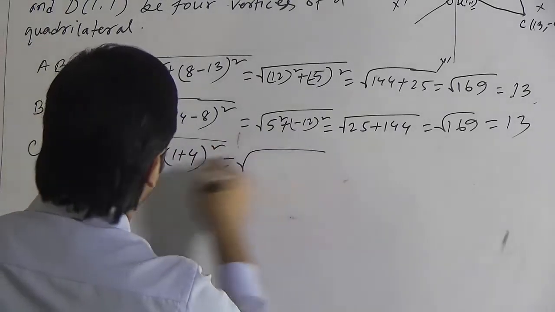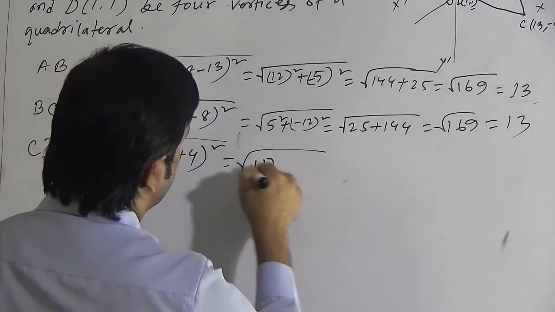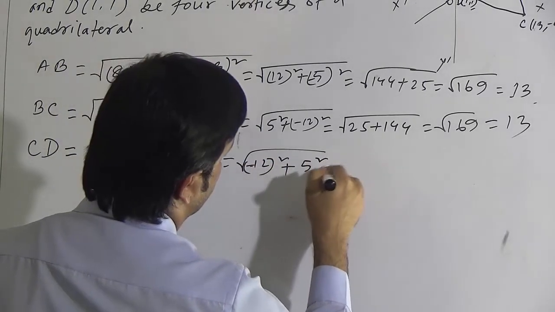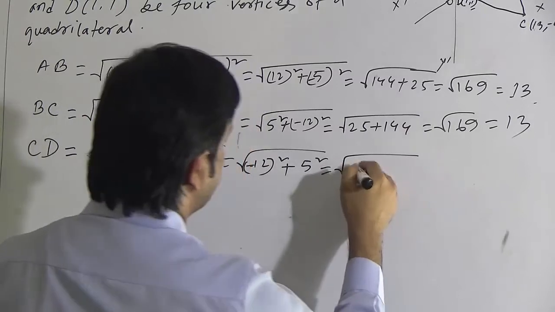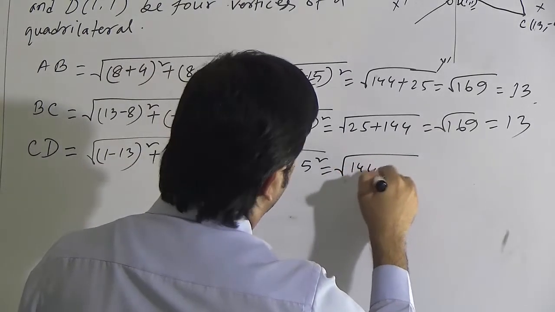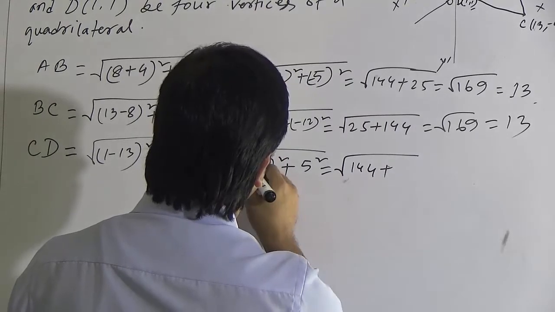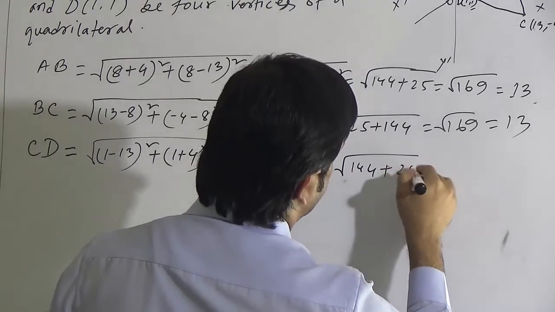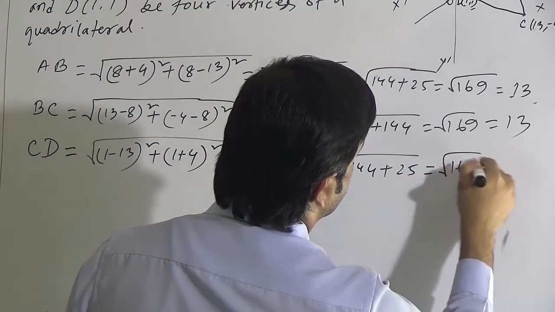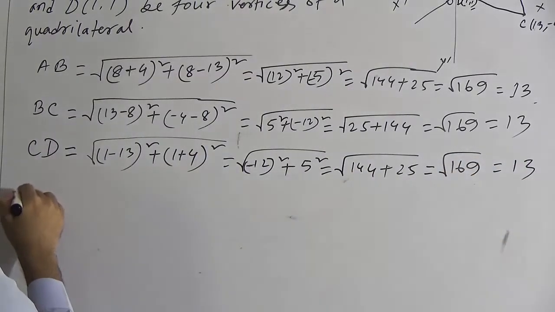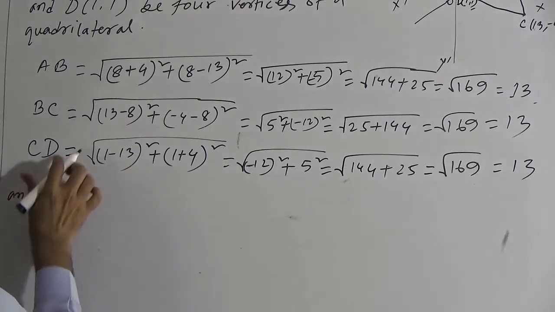We will get minus 12 whole square plus 5 square, that is equal to 144 plus 25, that is 169. So again we will get 13, and the last one, we can determine the length.